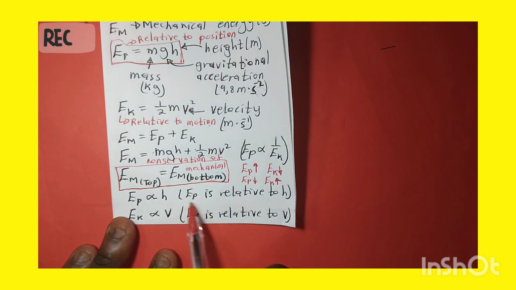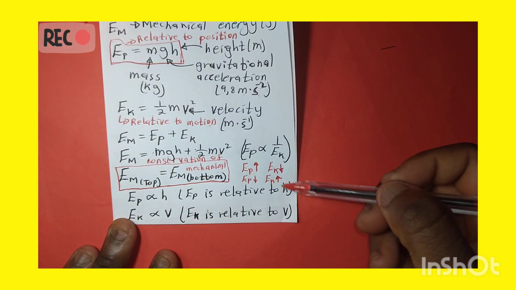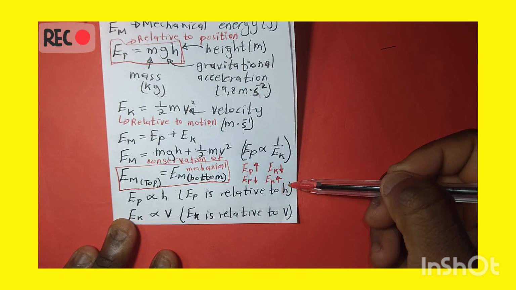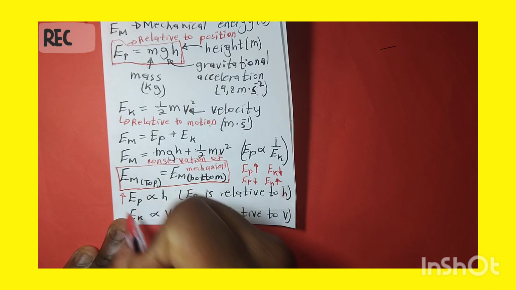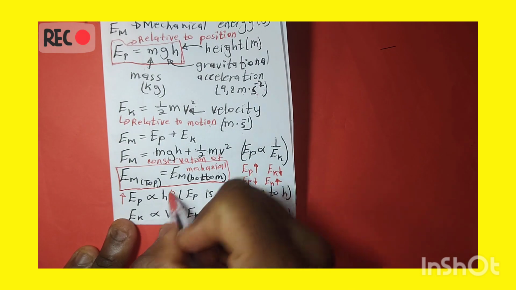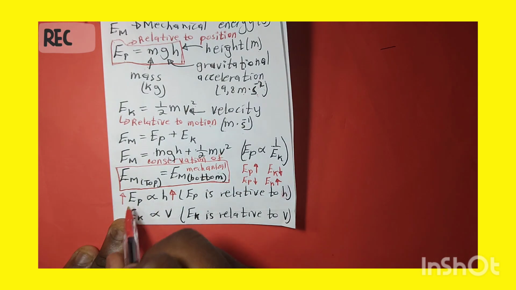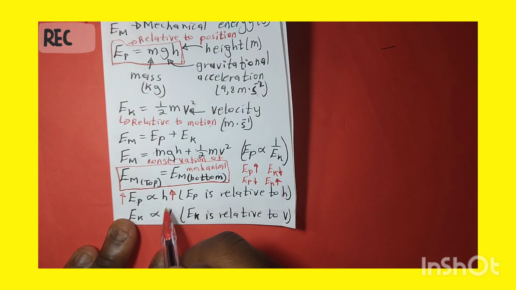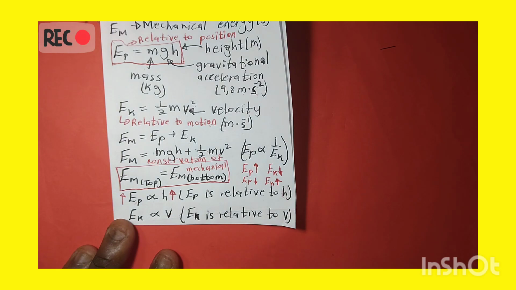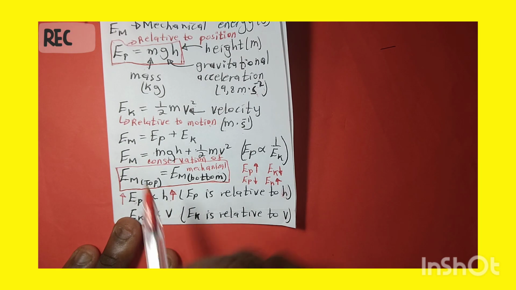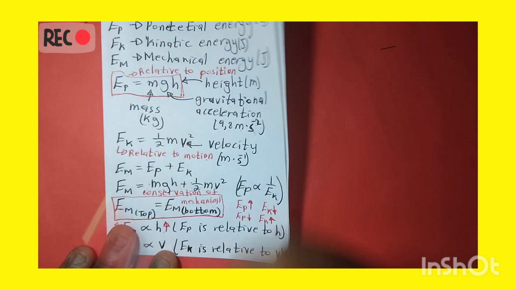So here, that position, guys, is the same as your height, by the way. Do you understand? When I increase the height, it means that EP will increase. When I decrease the height, EP will decrease, guys. Do you see? This energy depends on the height. That's why it is relative to position.